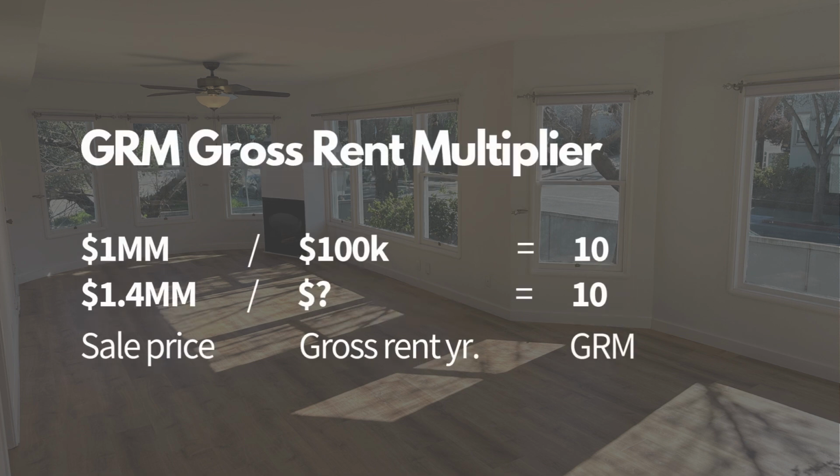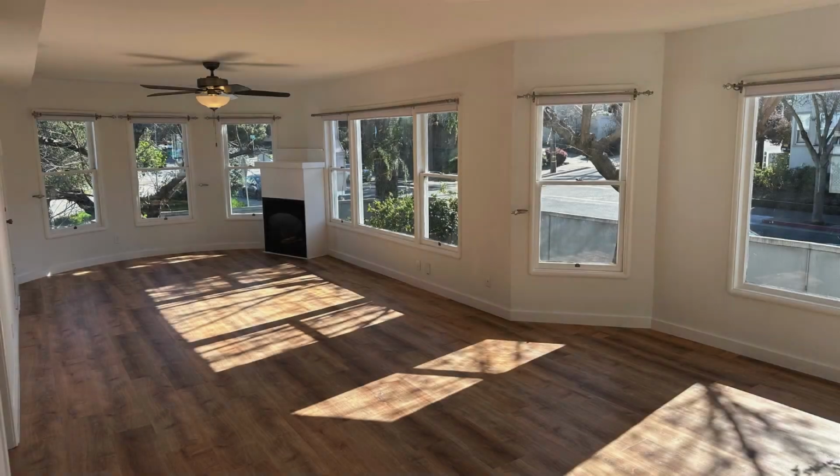In another example, if I had a property for sale for $1.4 million, and I know the comps in the area were roughly doing a 10 GRM, then it would have roughly $140,000 in income for the year. And if it doesn't have that, then that's part of the calculation. But again, I'm not looking to buy a property. I'm looking to understand the value that I just created.